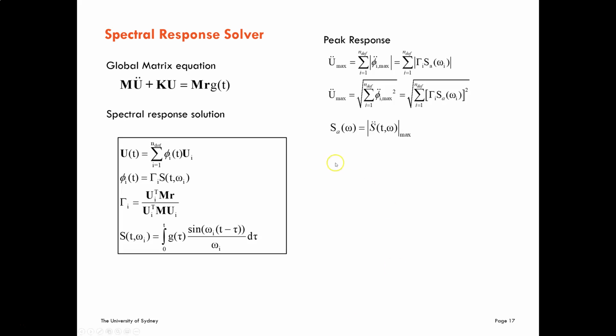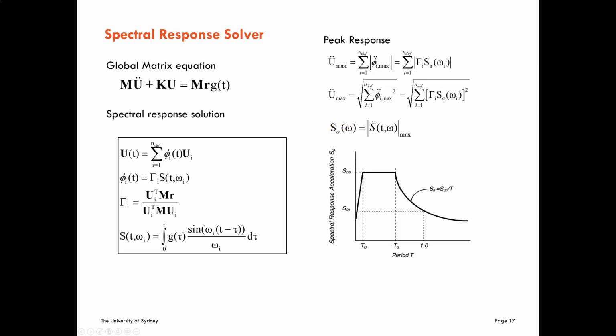This is the acceleration response that can be plotted in terms of the period. The period is 2π over the frequency. In this way, we don't need to know the details of the response. In these approximations, we only need the spectral response as a function of the period, which is given in many cases.